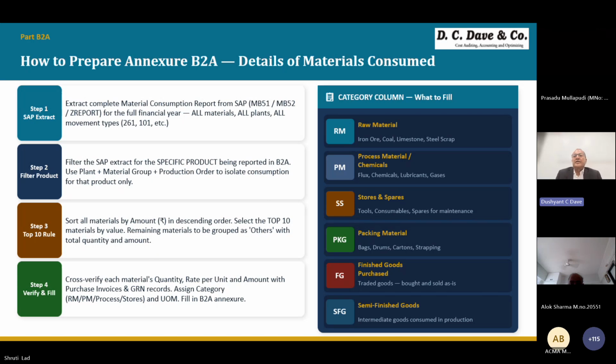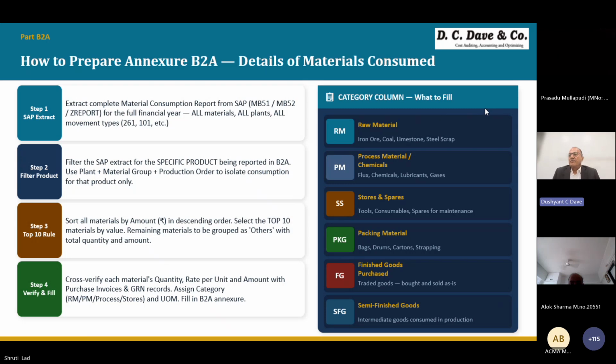Cross-verify each material's quantity, rate per unit and amount with purchase invoices and GRN records, assign category, whether it's a raw material, process, stores, and of course unit of measurement, and then fill in the B2A annexes.